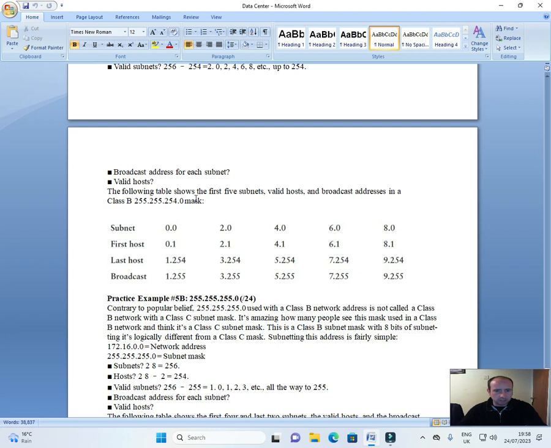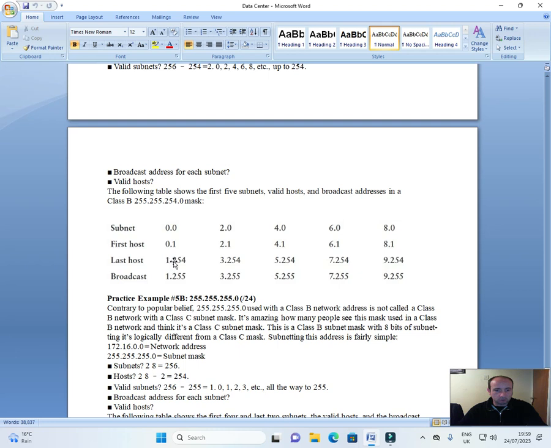The following table shows the first 5 subnets, valid hosts and broadcast addresses in a Class B 255.255.254.0 mask. Subnet: 0.0, 2.0, 4.0, 6.0, 8.0. First host: 0.1, 2.1, 4.1, 6.1, 8.1.